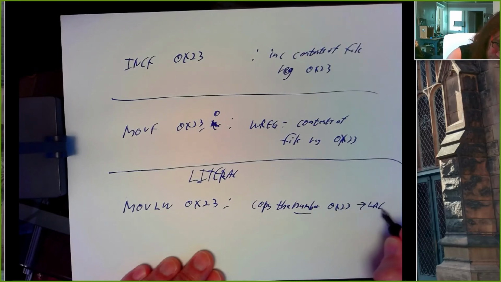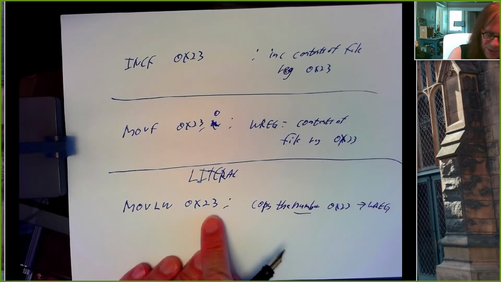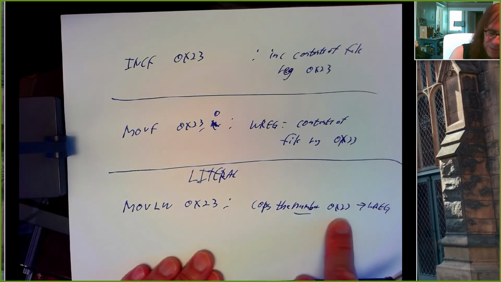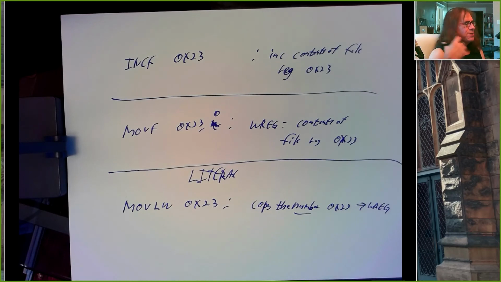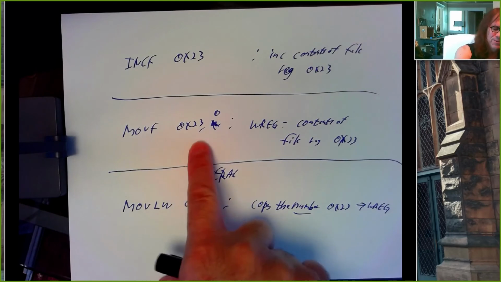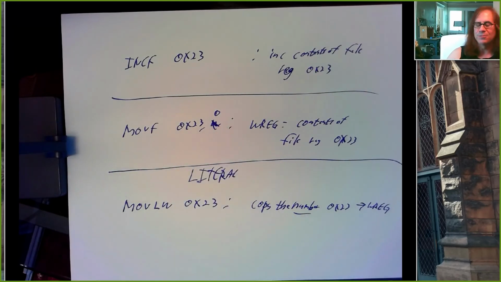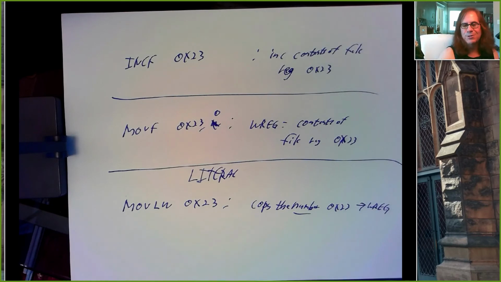So if I say move literal W 0x23, that says actually take the number hex 23, copy that into the W register. So it's not reading a file register at all. It has nothing to do with any of the file registers. It's saying put the number 23 into the W register. And fundamentally different from MOVF 23, 0. This reads a file register. This just takes the number 23, puts it into W.